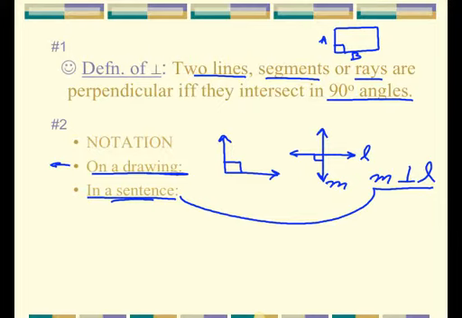So two different notations, you can fit that on your paper wherever it makes sense to you, all of that coming from the definition, or what we use as far as notation goes for perpendicular.